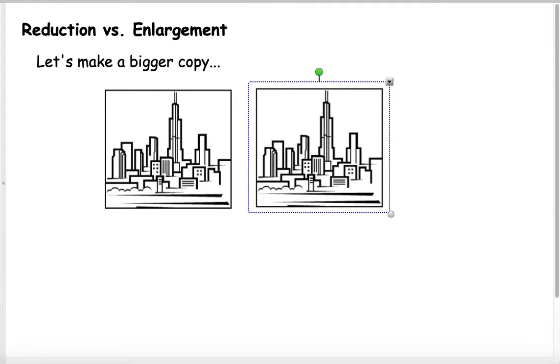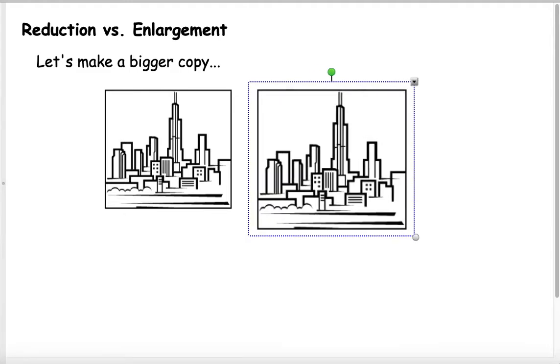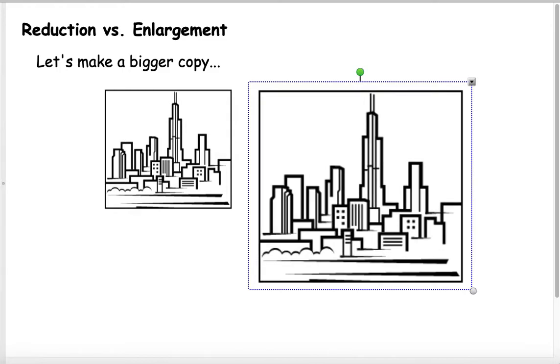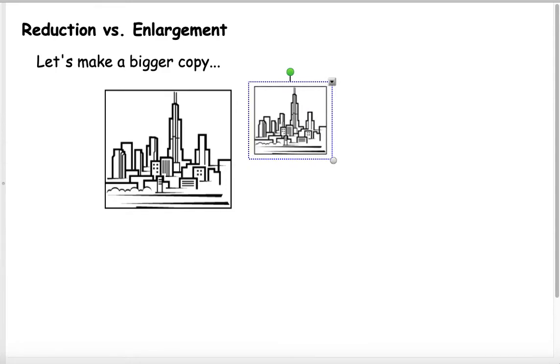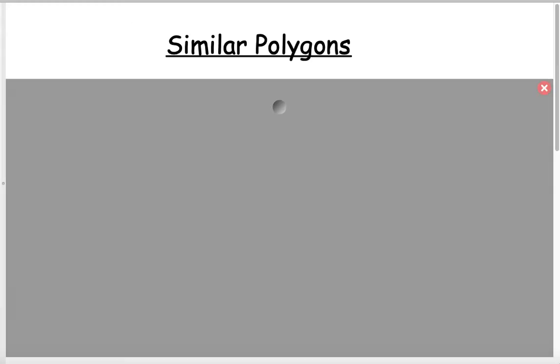And that's because, what if we took a picture and we just enlarged it on a copier? Those two pictures are still similar, but they're not congruent. One's bigger than the other. Or likewise, we could have made it much smaller. So these are what we call similar figures, but not necessarily congruent figures.